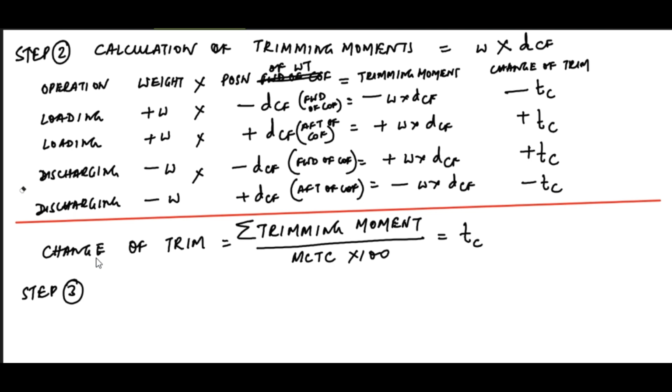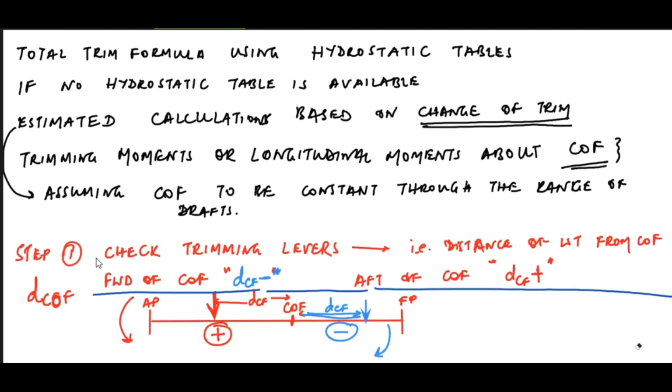Weight will remain neutral, यानी कि neutral means it will always remain plus. You get the point? Yes sir. Now, एक चीज बचता है, DCF का साइन क्या होगा? DCF का साइन बिल्कुल ऐसे ही होगा जैसे हम यहां पे लिए हैं। If the shifting direction is forward, minus; shifting direction is aft, plus.